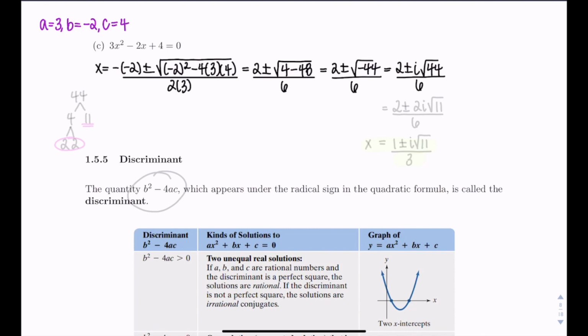And let's break down this 44. Well, this is 4 and 11. 11's prime, but 4 is 2 and 2. So our 2's are going to get pulled out, and the 11 will stay underneath. So we have 2 plus or minus 2i, square root of 11, all over 6.